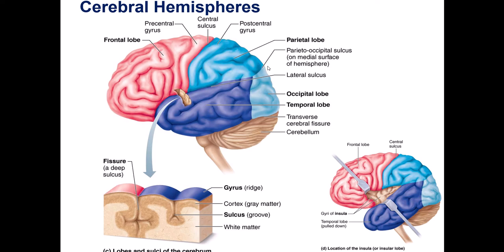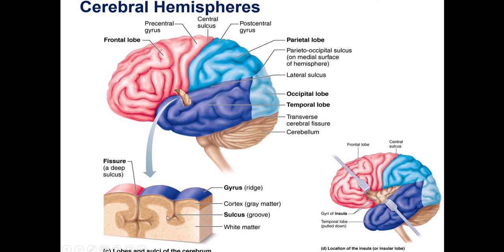Now, the gyri and the sulci, sulcus singular, gyrus singular, are essentially the ridges and the grooves that we see, that wrinkling that we see in our brain. What this allows us to do is have more surface area. And by having more surface area, we can pack in more gray matter cortex, which means we can pack in more neurons.